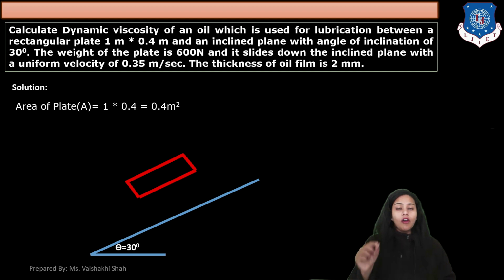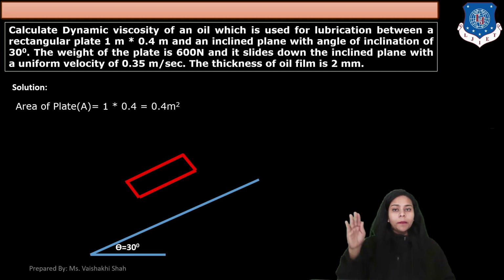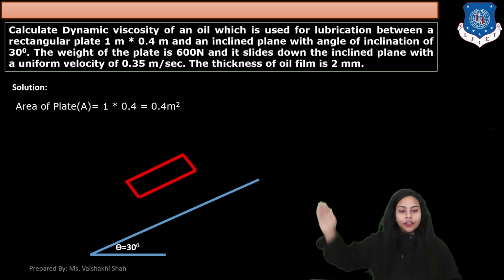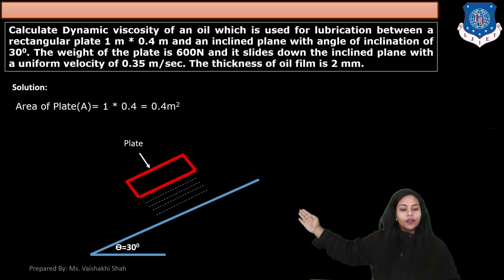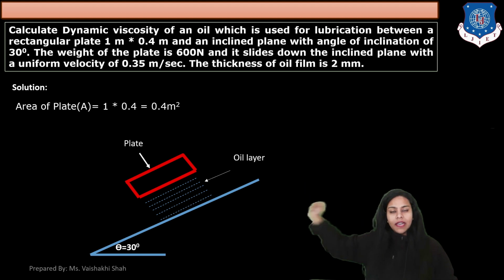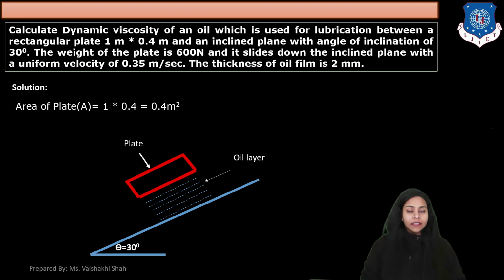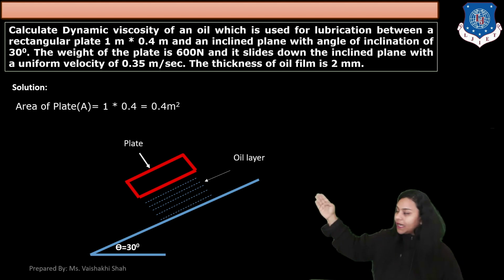Here, oil is used for lubrication between the plate and plane. So, this is your plate and this is your plane, and this is your oil layer, which is used as lubrication between plate and plane.